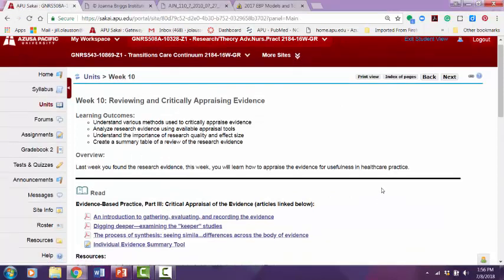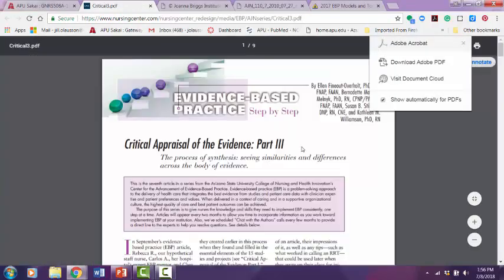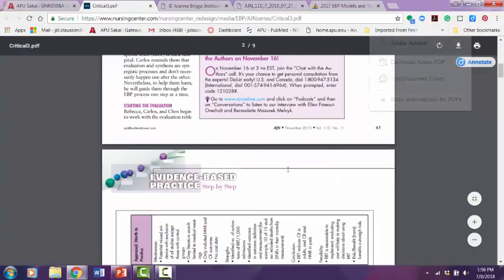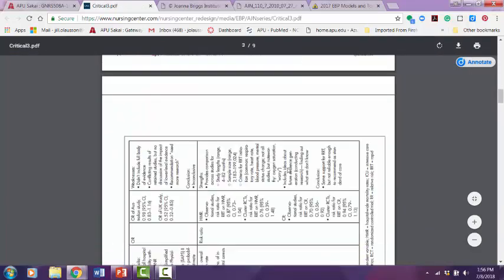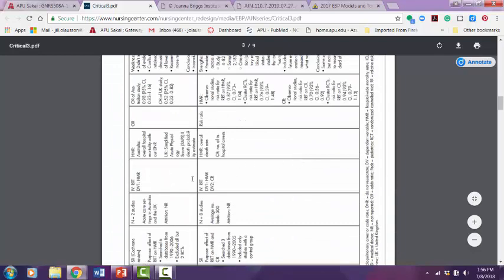So in week 10 for resources, you have these step-by-step studies. This one applies the team, Carlos and Rebecca, going through the studies, and they look closely at a randomized control study. This one is really helpful. It goes through the table, how these two nurses went through and created their table.